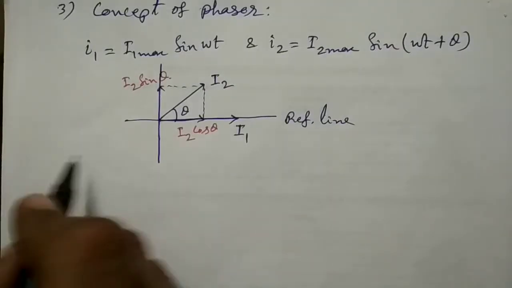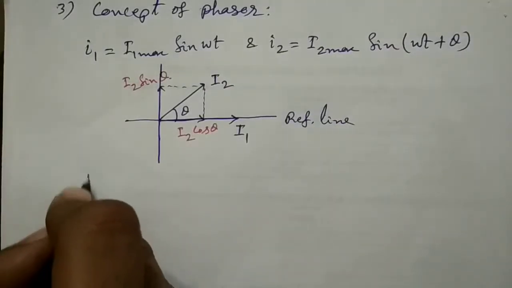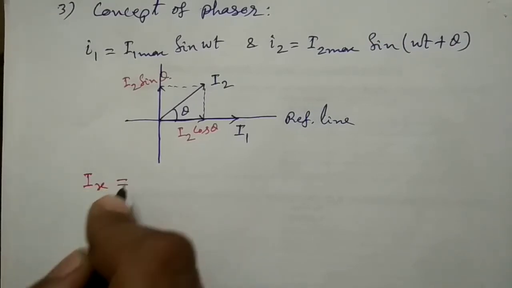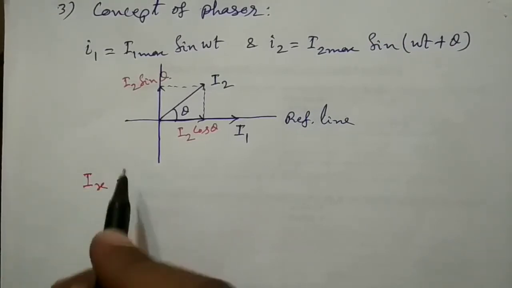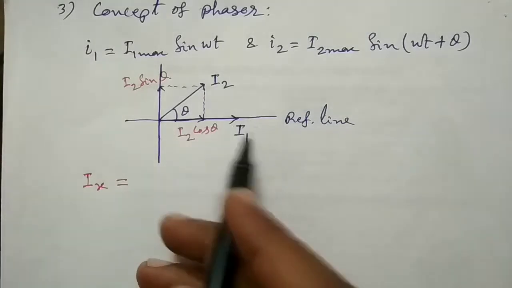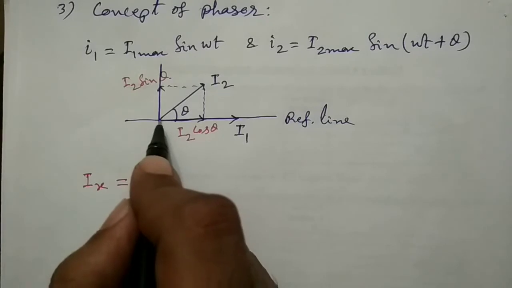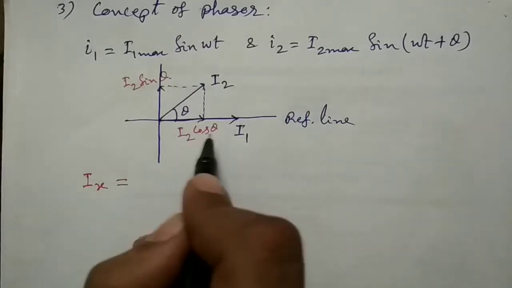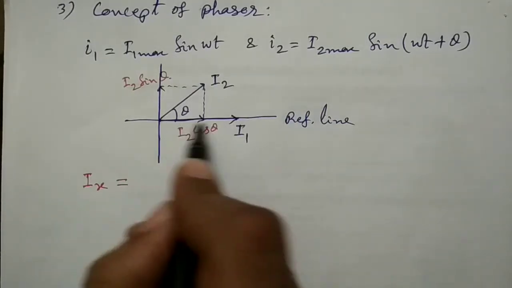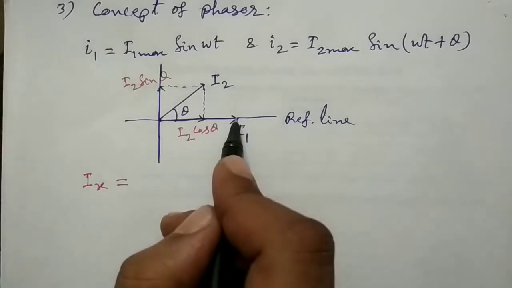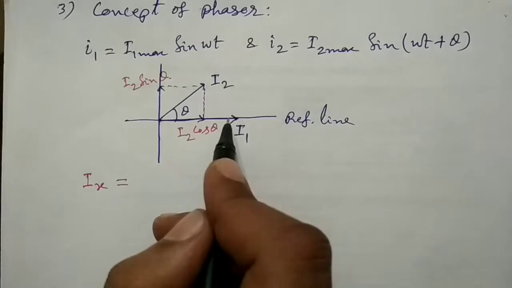In the next step, we will add all the horizontal components and vertical components separately. So let's say the horizontal components are represented by Ix. So here it will be I1 and I2 cos theta. Remember one thing, I1 is along the x-axis, so it does not have any y components.